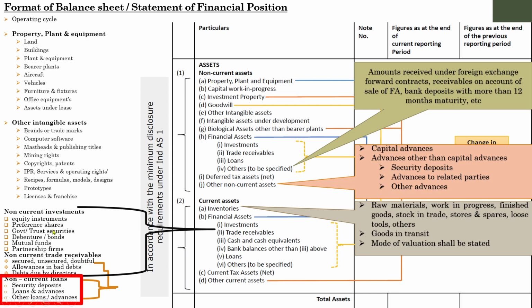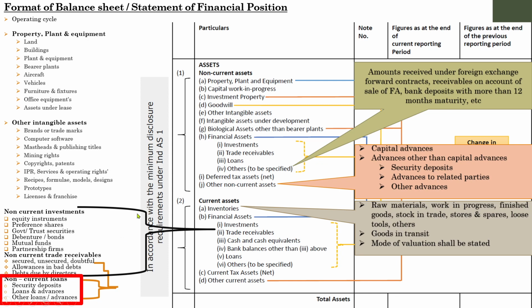The thing is, all these items relating to a non-current category or non-current fixed asset, the period of these investments will be more than 12 months. But when these items come under current investments and current trade receivables, the only difference is that all these investments will be made for a period less than 12 months, or less than a year.